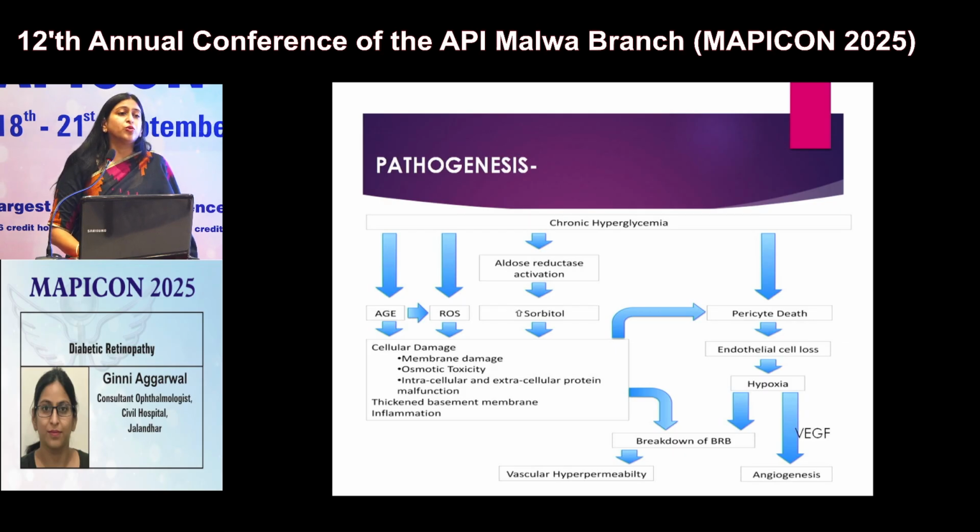Now we all know wherever there is hypoxia in the body, the vascular endothelial growth factors come into play, and that is when angiogenesis starts. But the problem with these new vessels is that they are very fragile. They keep leaking. There is leakage of blood, there is leakage of fluid, and that is what causes edema of the retina. Also, there is breakdown of the blood-retinal barrier, which causes vascular hyperpermeability.